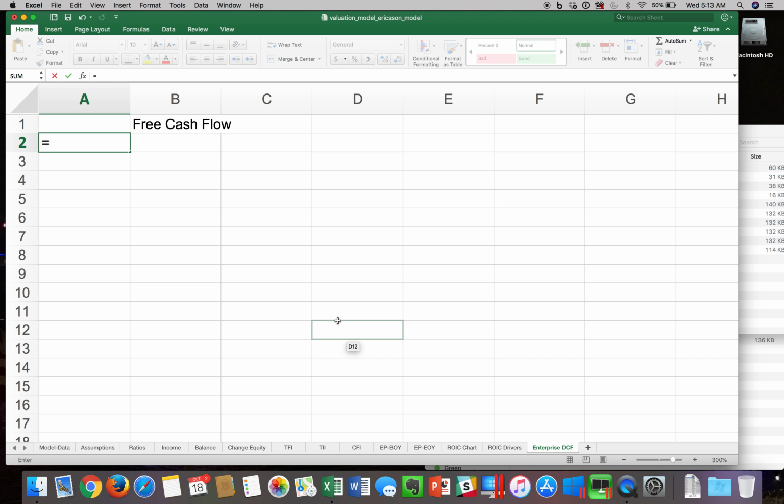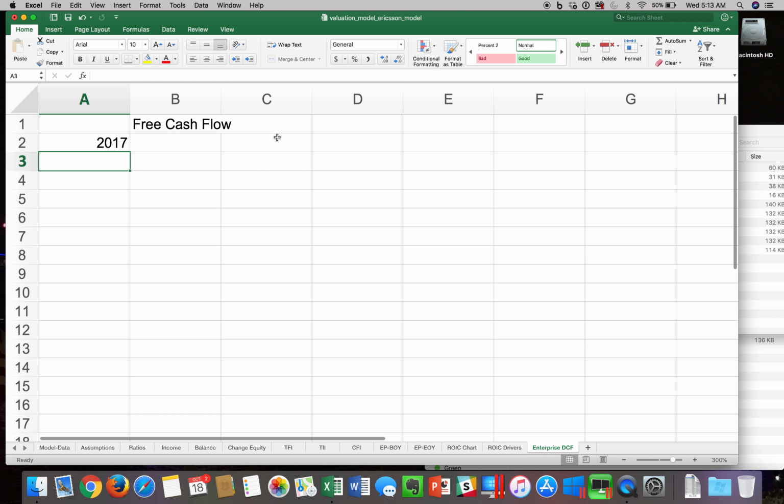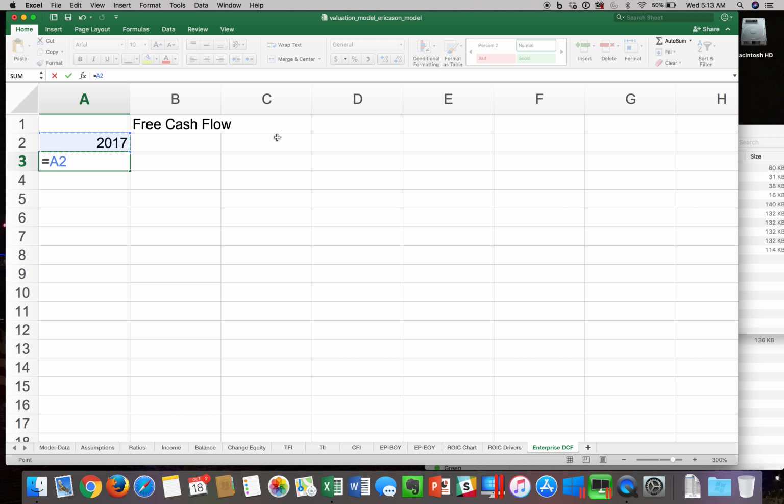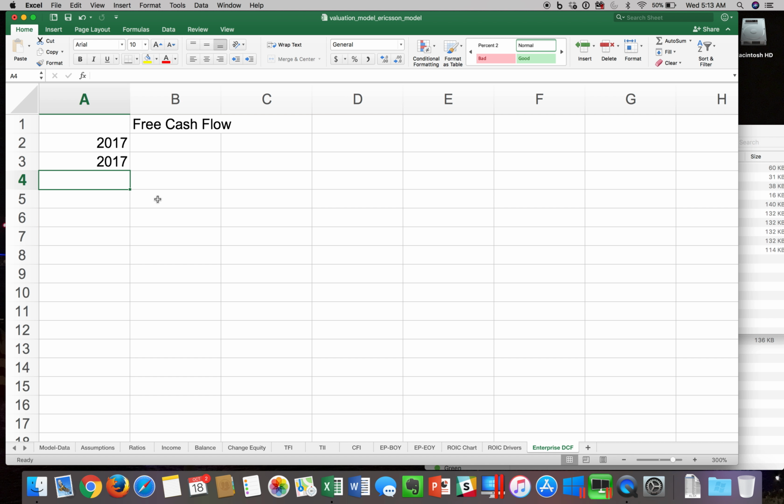So relative reference equals, and I'll pull this off the CFI. Our first forecast year is 2017, and we're going to forecast the next 5 years, equals previous year plus 1, going through 2021.